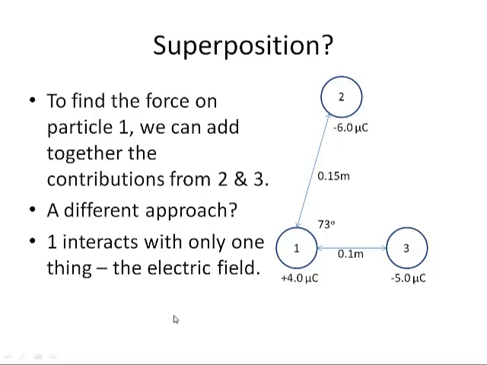Instead of saying at this corner that particle 1 interacts with particle 2 and it interacts with particle 3, one way to think about it is that particle 1 actually interacts with the electric field at that location.